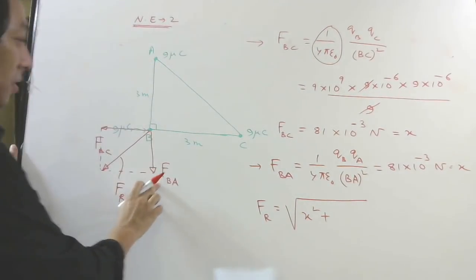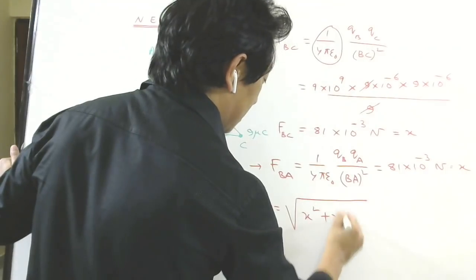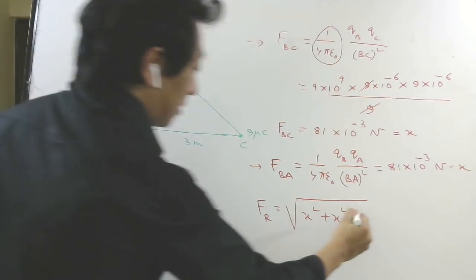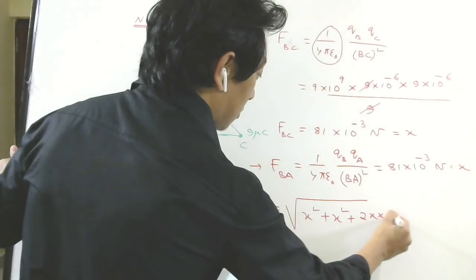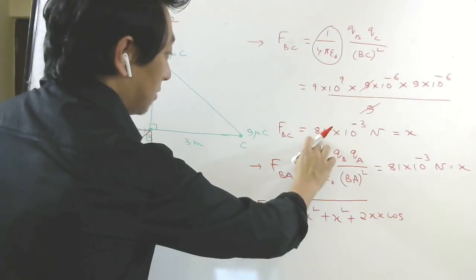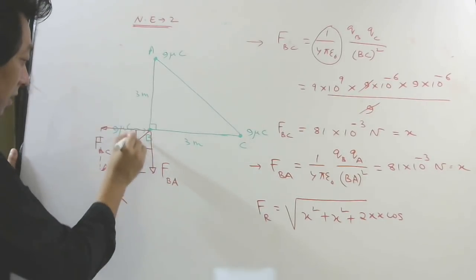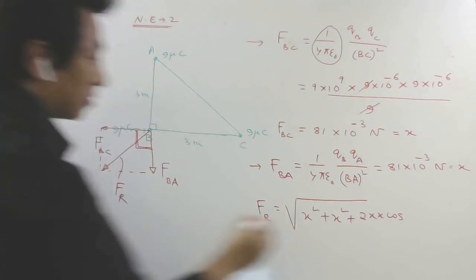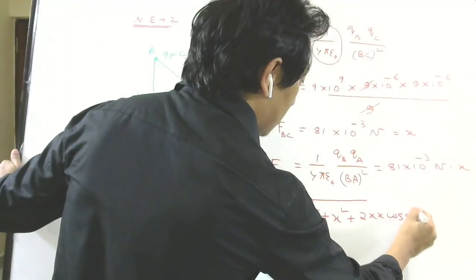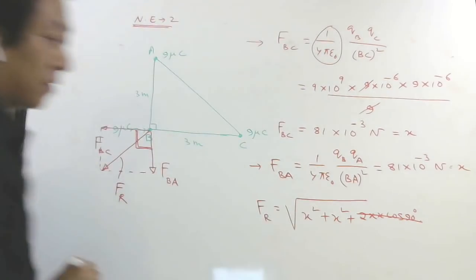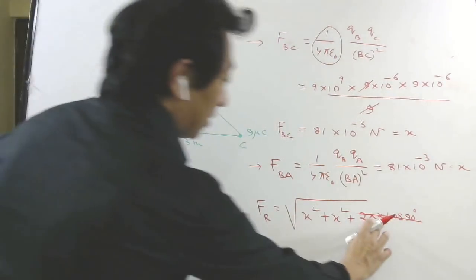Second vector also has the same magnitude, x. Plus 2 into x into x cos of what? Angle between this vector and this vector. What is the angle? 90 degree. So cos 90. And cos 90 we know is 0. Right? So this quantity will be 0.